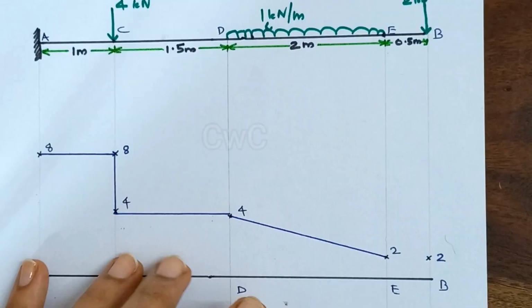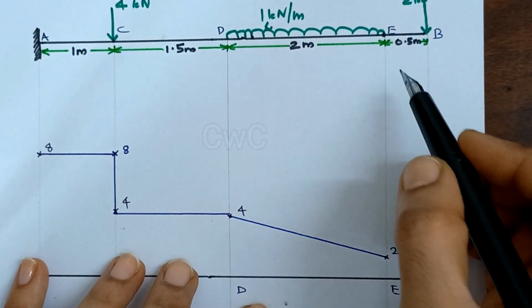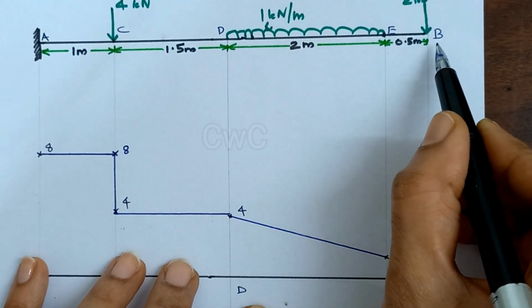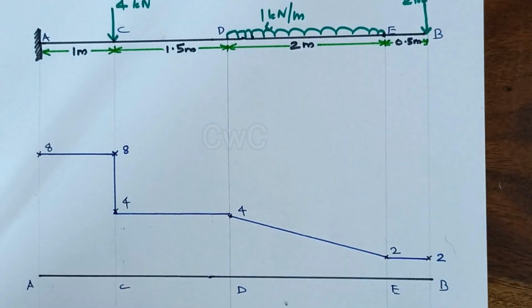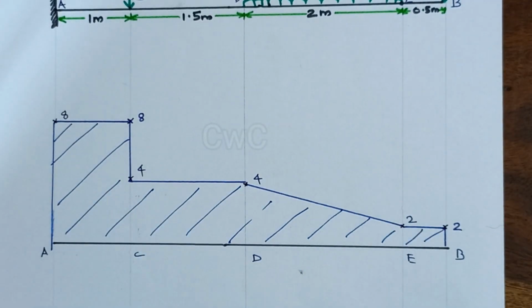So there will be a linear variation. And from E to B there is no other force, so it will be a constant. So this is our shear force diagram. Hope it's clear till now.